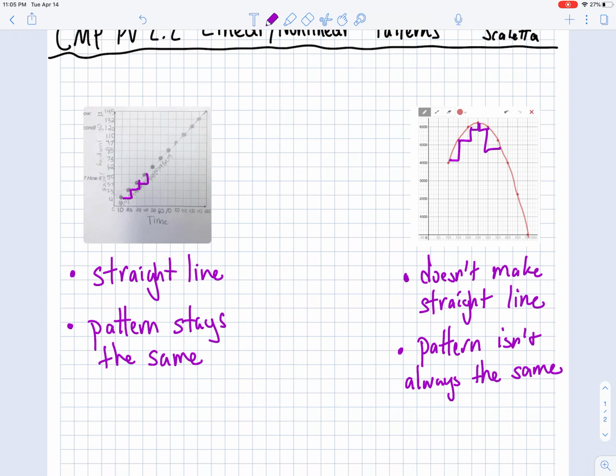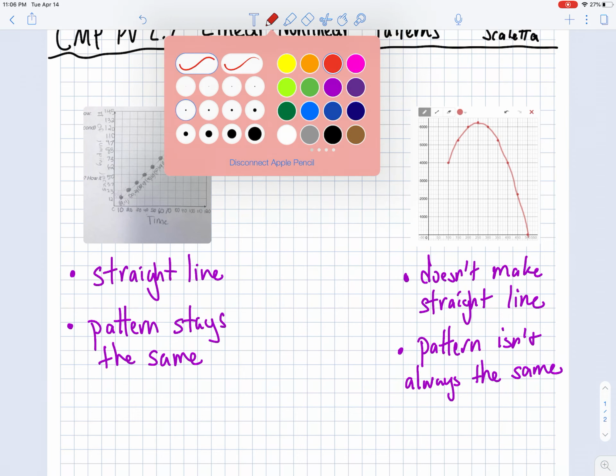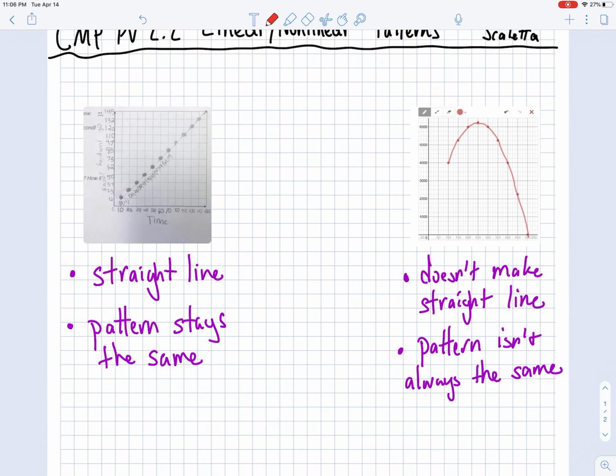Okay, so I want to talk about some labels that we can put on these two types of patterns. So if a pattern stays the same throughout a graph like this, we can call that pattern linear. We're going to come back in a minute to this, but the reason why we call it linear, right, it has line right in the name.